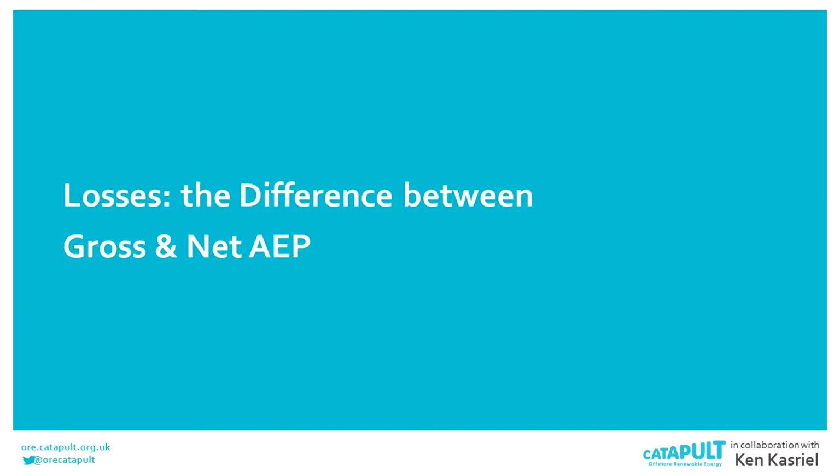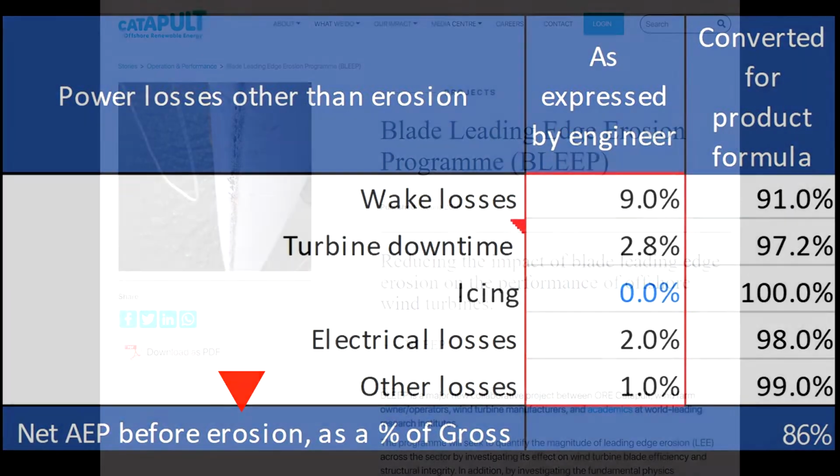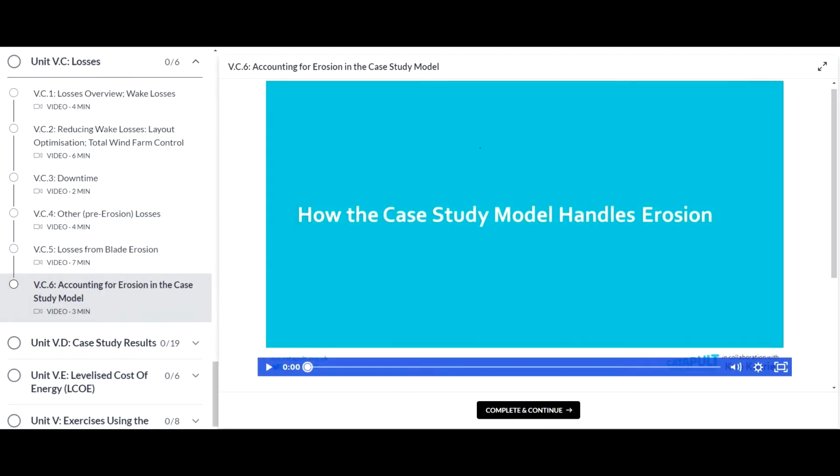From these, we then deduct things like you see here, as well as other losses from what's called blade erosion. This lets us get from gross single turbine AEP to net total farm AEP, which is the result which matters, as that's the power you actually sell.